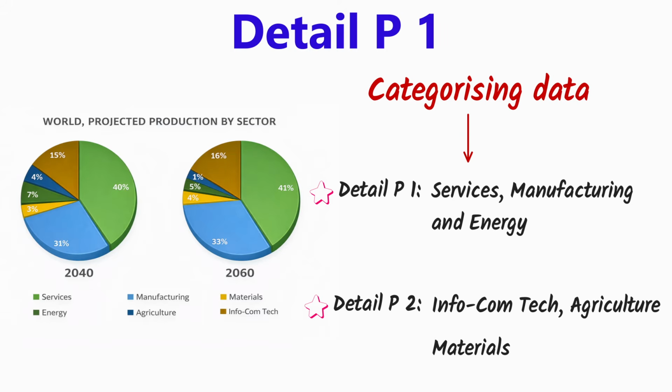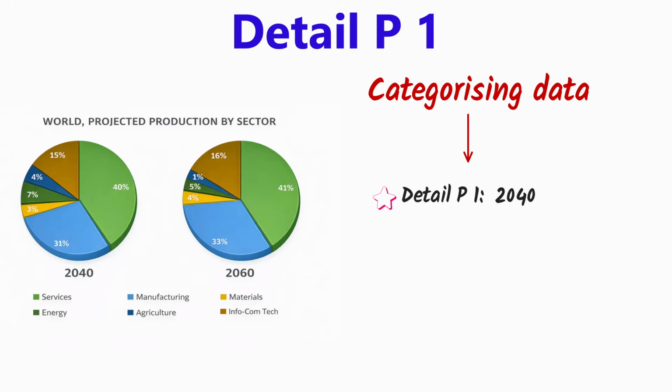And the remaining three are analyzed in the second detailed paragraph. This is one way in which you compare both years in one paragraph, and you compare the rest in the next paragraph. And there's also another way, where you write about 2040 in the first detailed paragraph, and you write about 2060 in the next detailed paragraph. So that's what I'm going to do here in writing this report.